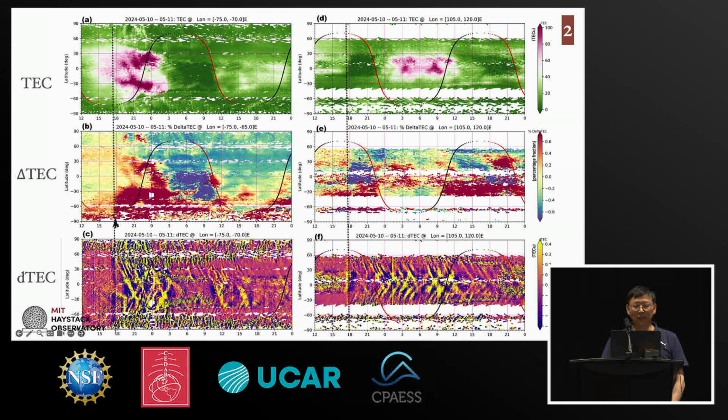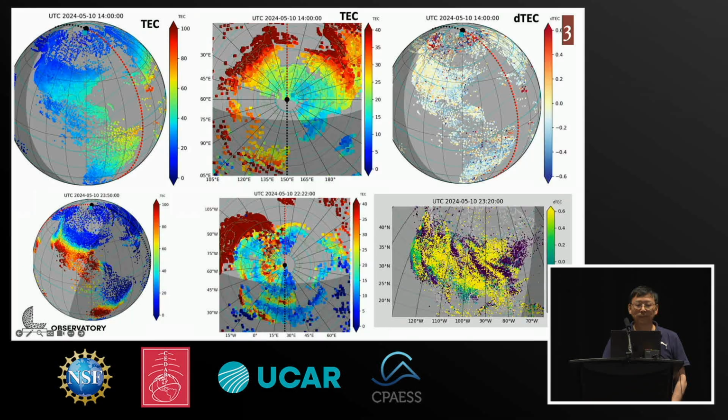You see the density depletion in this night side longitude sector, and here in this American sector, which was on the day side, you see the immediate enhancement. They are potentially driven by the same kind of penetration electric fields, except the electric field is generally the opposite. So this is the background.